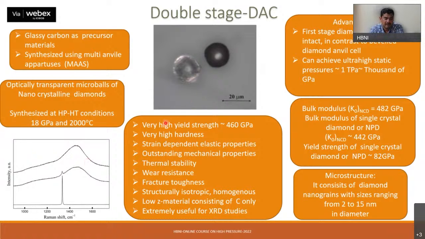So what are the advantages or special properties of these nanocrystalline diamonds because of which one is able to go to very high pressures in the range of terapascal pressures using the double stage diamond anvil cell? It is because they have very high yield strength, that is 460 gigapascal. Even the yield strength of diamond is less than this. And not only that, they have very high hardness, which I explained to you, hardness and yield strength. They have very strain dependent elastic properties.